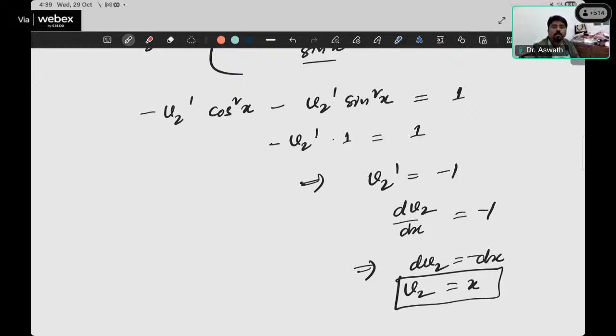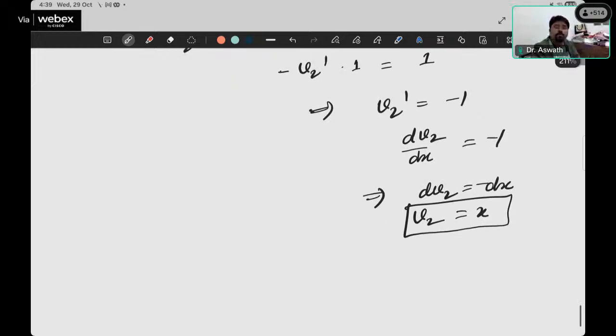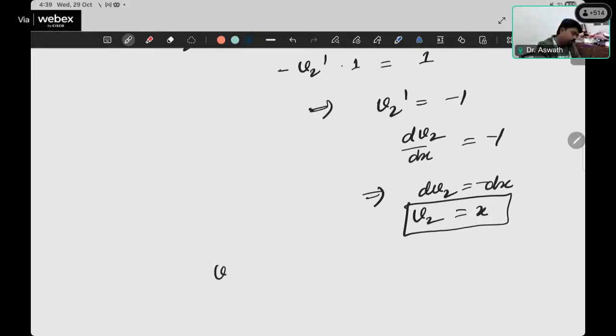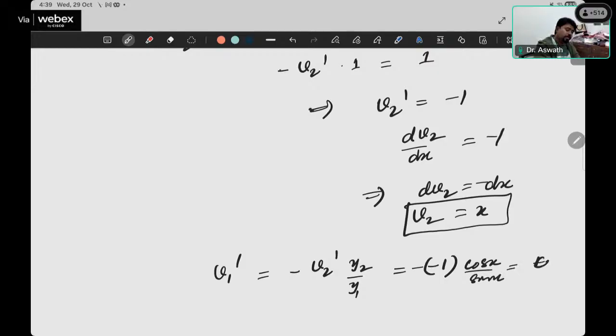Okay, so the moment you know v2 prime, you can find v1 prime, which is minus v2 prime y2 by y1, right? So this is equal to minus 1 of minus 1 cos x plus sin x, which is equal to cot x.